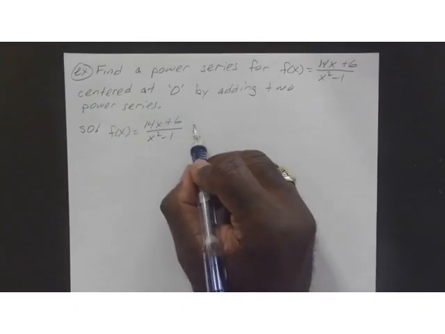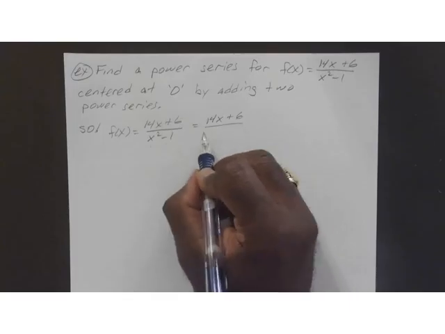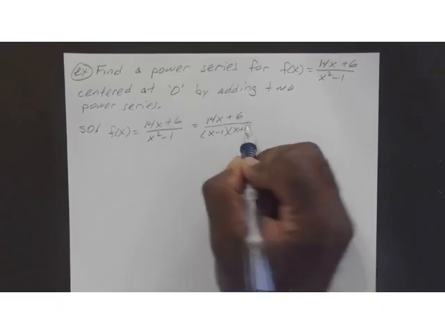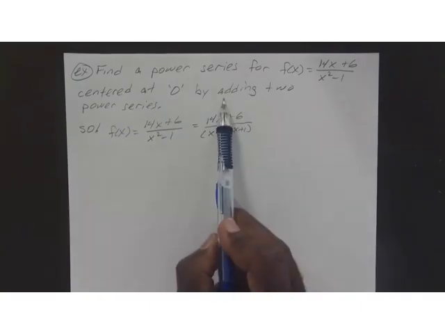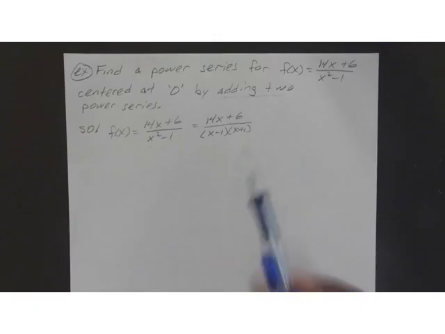So we can actually rewrite it as 14x plus 6 divided by x minus 1 times x plus 1. Which is very helpful because we want to create a power series, but we need two of them. So that means we have to convert this to two separate functions so we can create two separate power series.